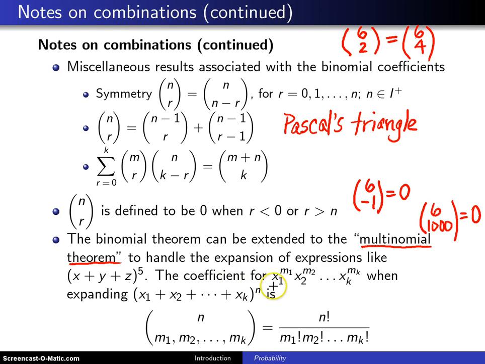And the coefficient when expanding x1 plus x2 plus up to xk to the n power is n choose m1, m2 up to m sub k, which is defined in this fashion. And you may notice that that is very similar to what we hit just recently in terms of non-distinct permutations.